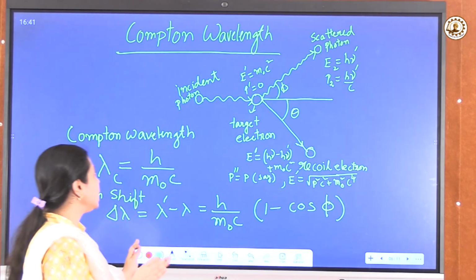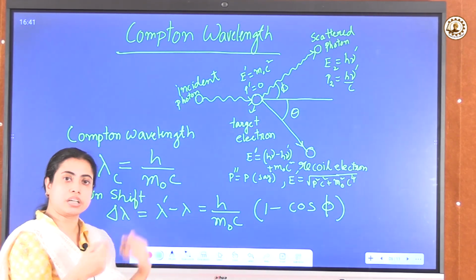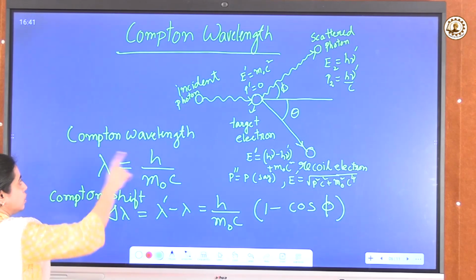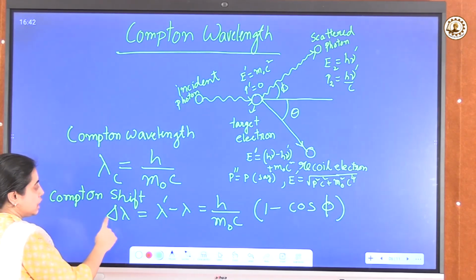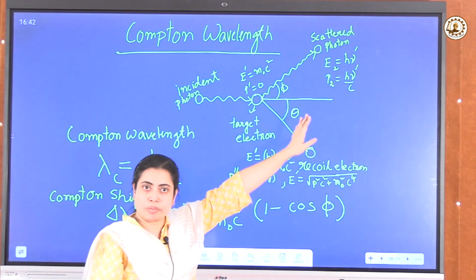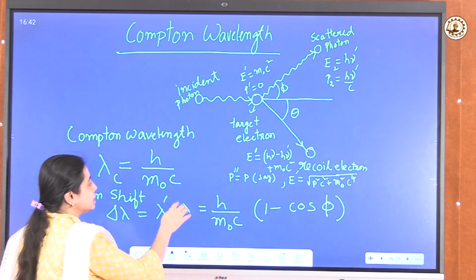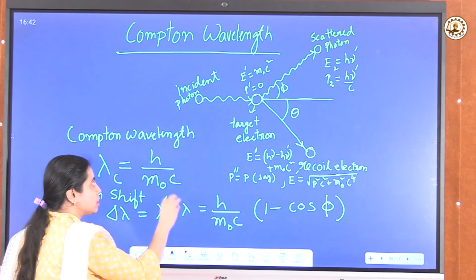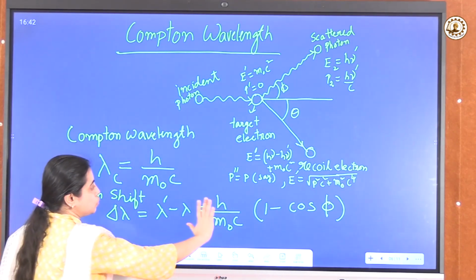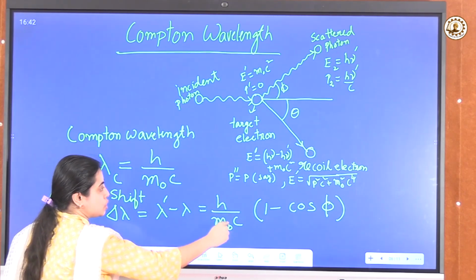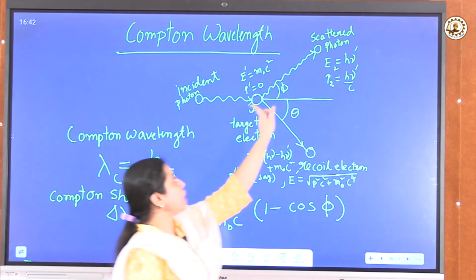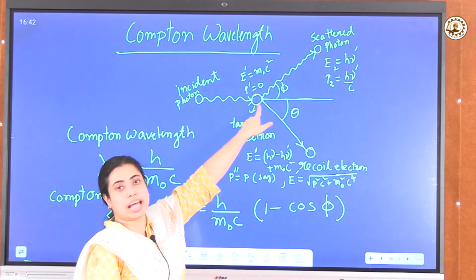If you are calculating the shift in the wavelength before and after collision, the formula from Compton's relations is delta lambda is equal to lambda prime minus lambda, where lambda prime is the wavelength of the photon after scattering and lambda is the wavelength of the photon before scattering. This will be equal to h by m0c into 1 minus cos phi, where phi is the angle at which the photon is scattered.